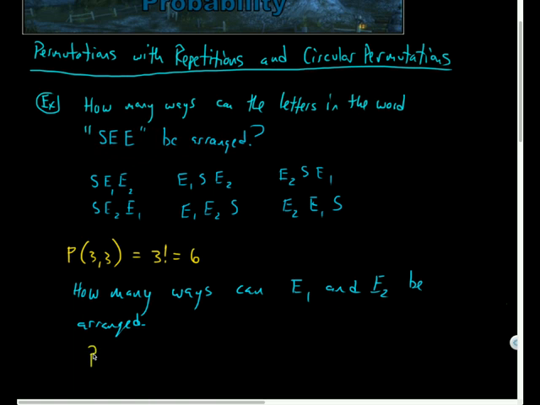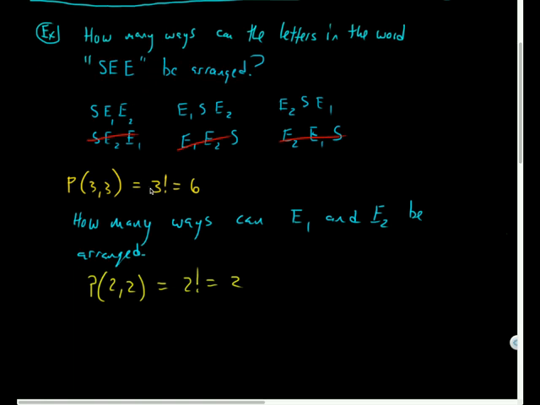Well, that would be a permutation of 2, 2, or 2 factorial, which is just 2. So what I have here is twice as many answers as I actually need, right? And I think visually speaking, you would agree that I'd eliminate this one, and this one, and get half as many answers. So this is wrong.